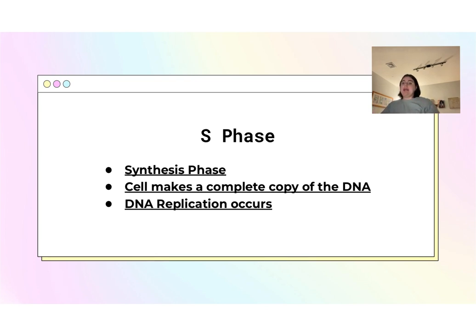So the cell makes a complete copy of the DNA, and DNA replication occurs. That's the major thing that happens there. DNA replication is a whole thing that we're going to talk about later, but you do need to know that DNA replication occurs in the S phase.